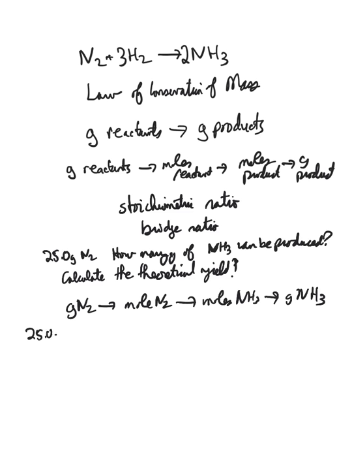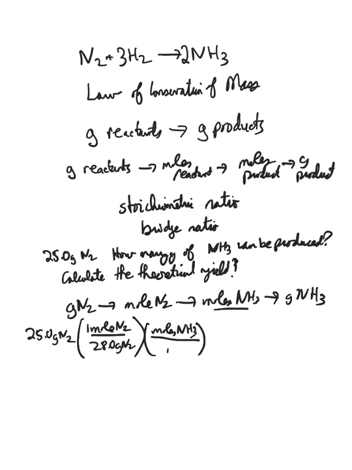So 25 grams of nitrogen, molecular nitrogen, 1 mole of N2 is the same as 28.0 grams of N2. And where did I get that? Periodic table. And now I need to get the moles of ammonia. So I want moles of ammonia divided by moles of nitrogen.